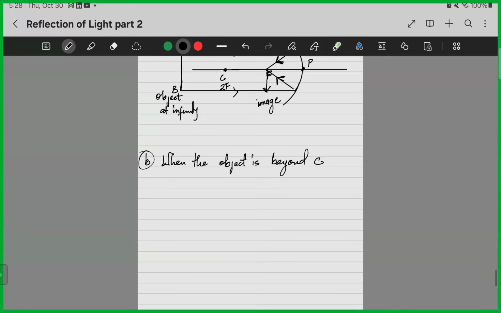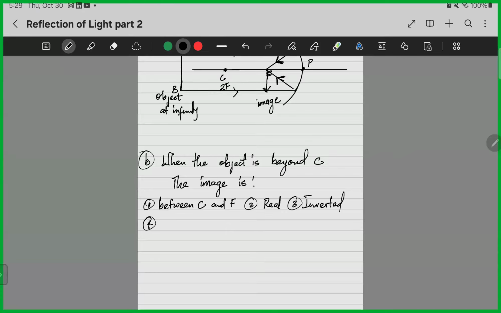The image is, number one, formed between C and F. Number two, it is real. Number three, it is inverted. Number four, it is smaller than the object.